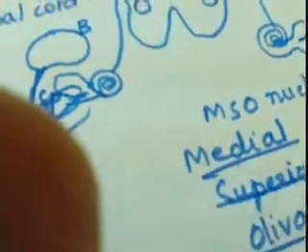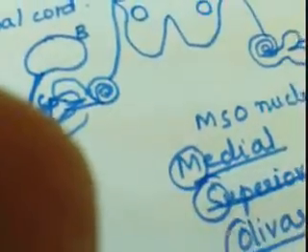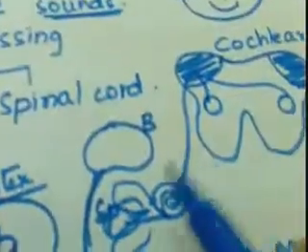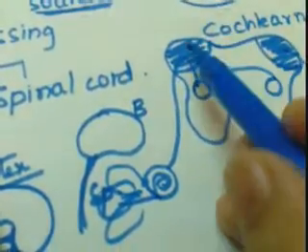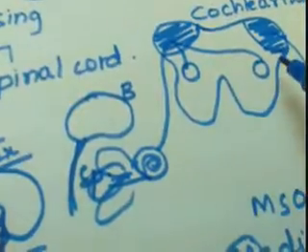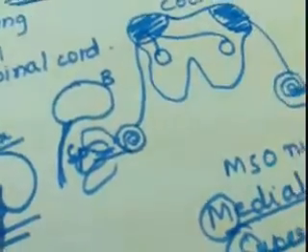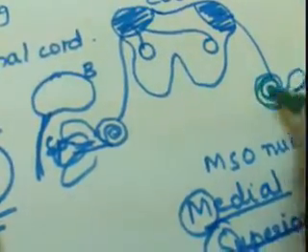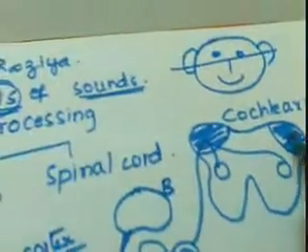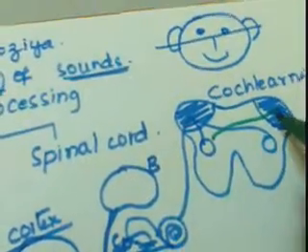The information will go to the MSO nucleus of both sides. So from the cochlea it goes to the cochlear nucleus of the same side, but then it goes to the medial superior olivary nucleus of both sides. The same happens from the other side.